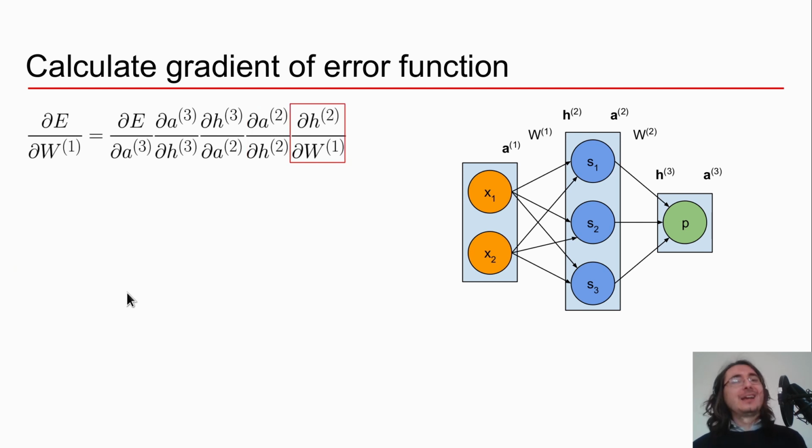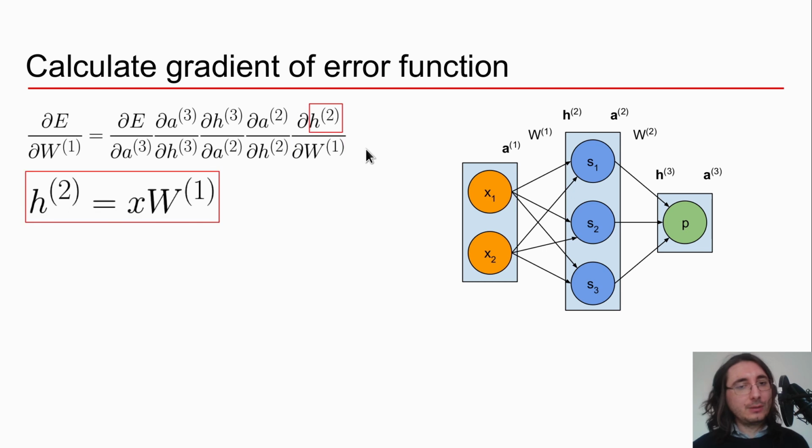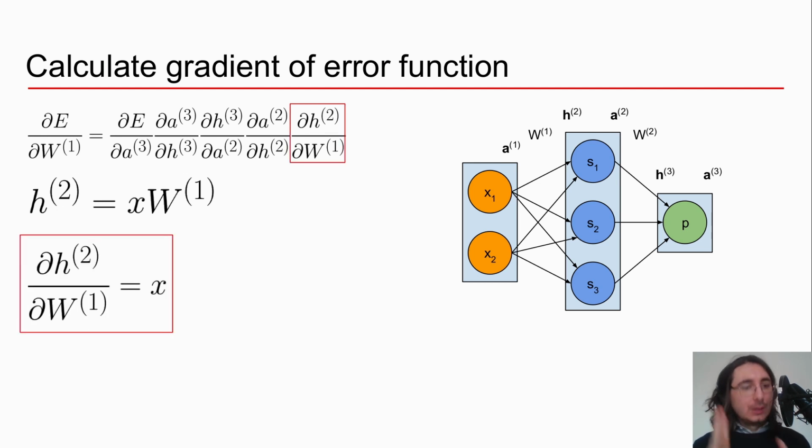Good. Now, final element: the derivative of H2 calculated over W1. H2 is given by the matrix multiplication of the input vector X with the weight matrix 1. Nice. So the derivative of H2 over W1 is just the input vector X.